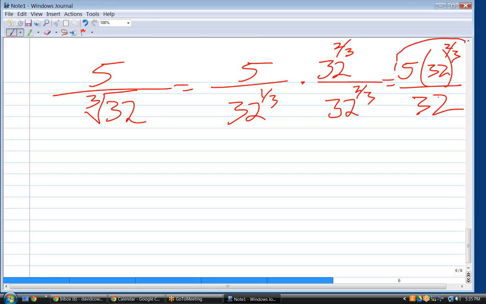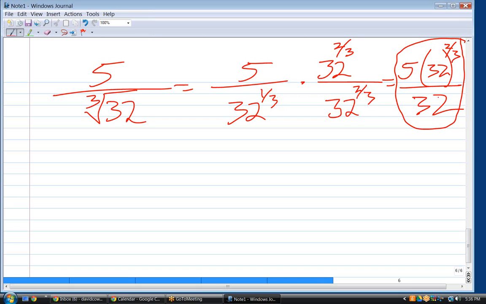So there's your answer, and there's more to do on that. I can still simplify it a little bit. But just to illustrate how you get a cube root out of the denominator, it's by multiplying it by the same number raised to the 2/3 power instead of the 1/3.